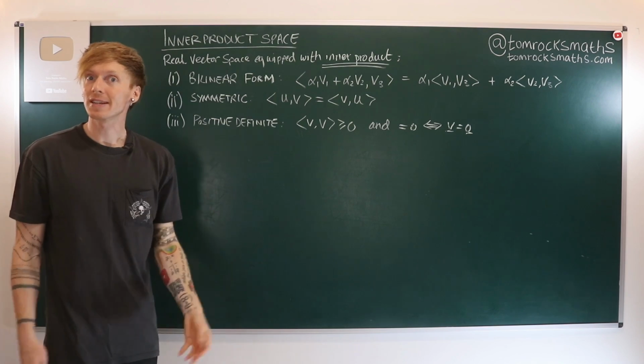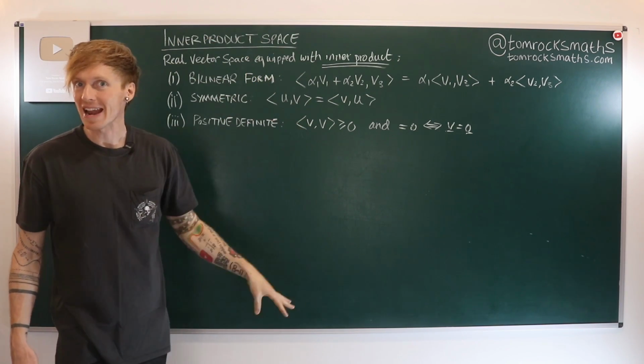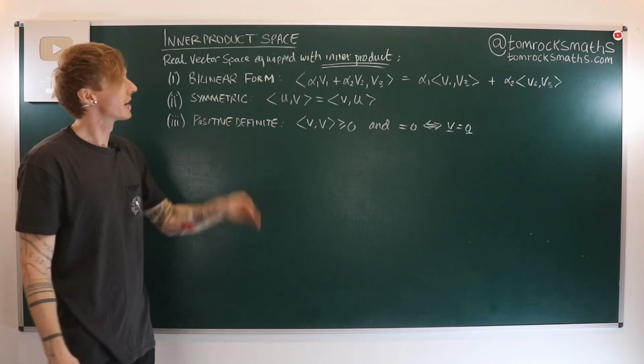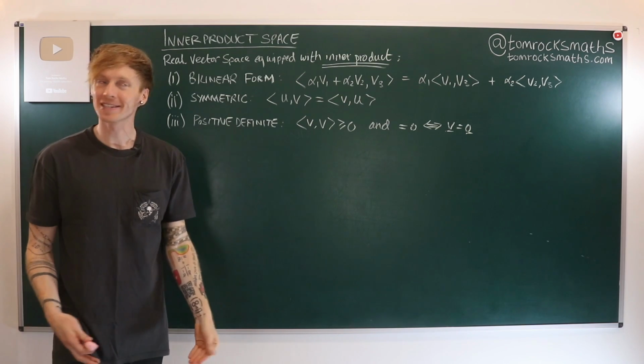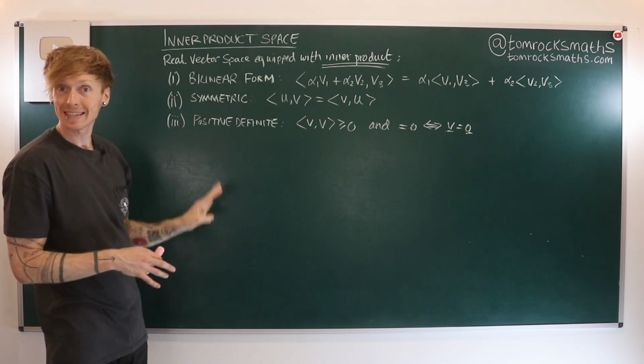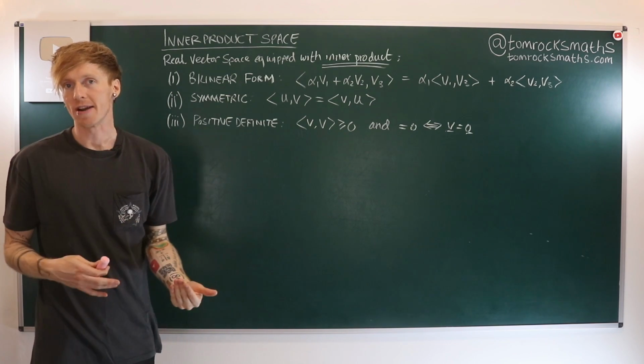And we've just seen with our example that the dot product on the vector space Rn, so n-dimensional vectors, satisfies all three properties. Therefore our first example of an inner product space is the dot product on Rn.